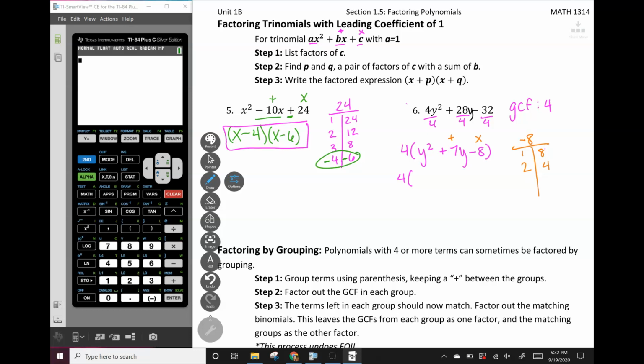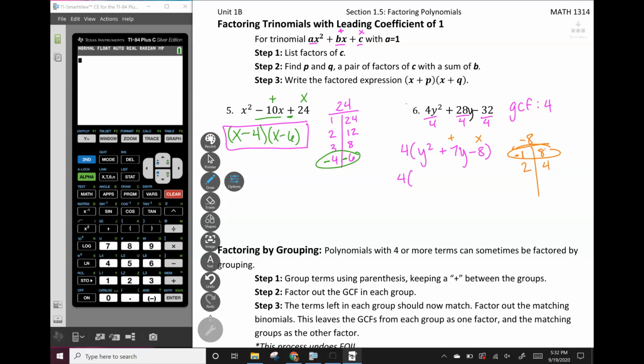They need to multiply to negative 8, so one of them needs to be negative. They need to add to positive 7. So for 2 and 4, that would not give you 7 in any way. But 1 and 8 would if I made the 1 negative. Negative 1 plus 8 is 7. And negative 1 times 8 is negative 8.